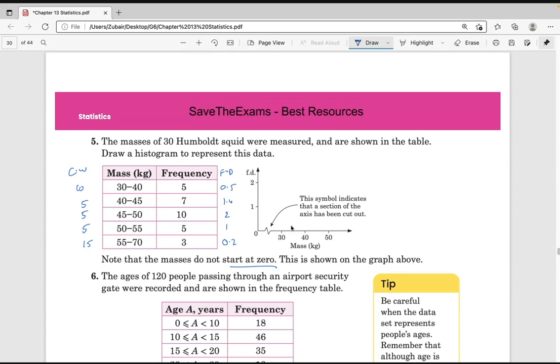Let's quickly draw it. 30 to 40 is 0.5, so this is 0.5. 40 to 45 is 1.4, 1.4 till 45. Then 45 to 50 is 2. 50 to 55 is 1.